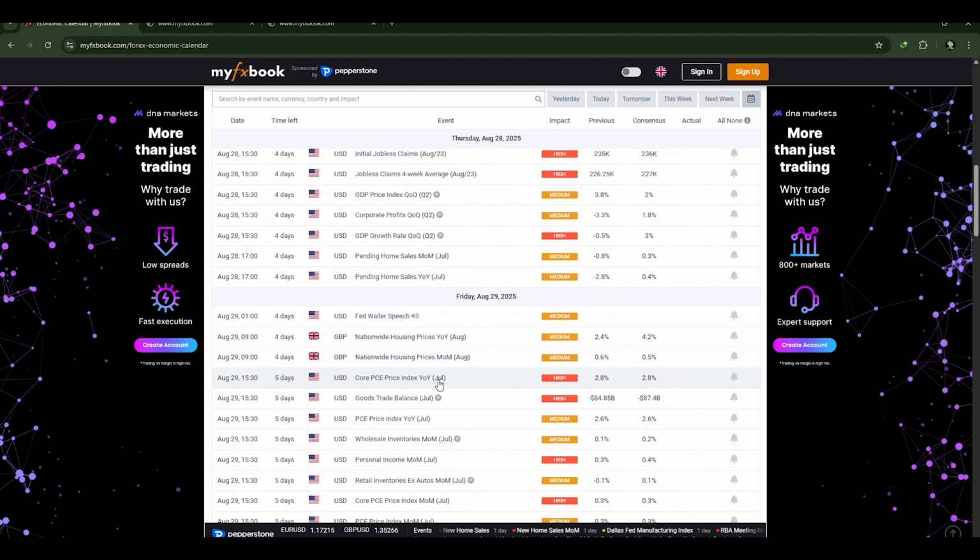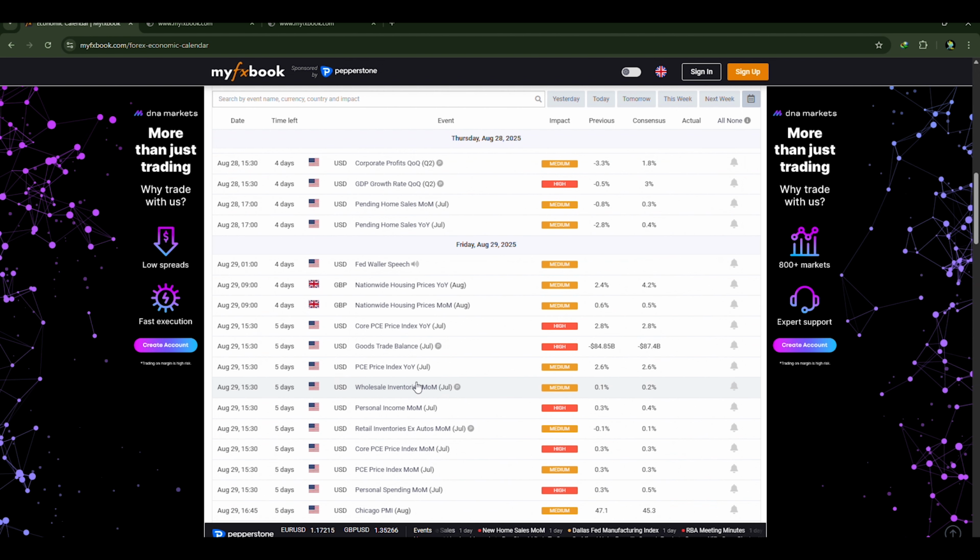On Friday, the GBP will have releases on the nationwide housing prices, and they're expecting the housing prices to increase. That is the only GBP news.